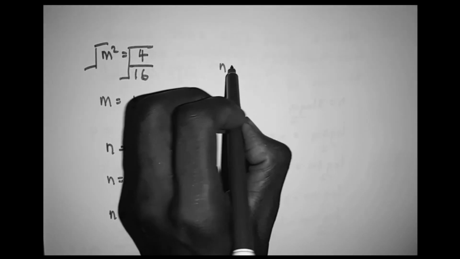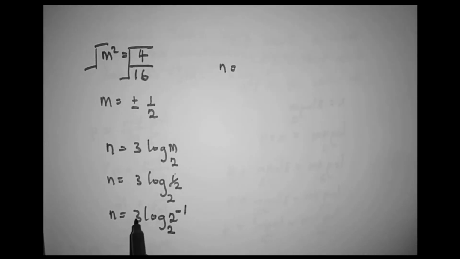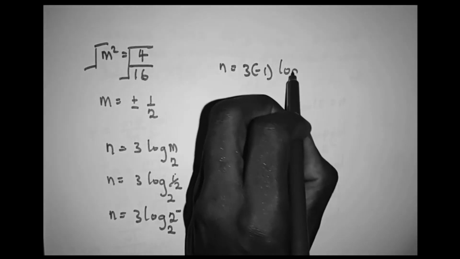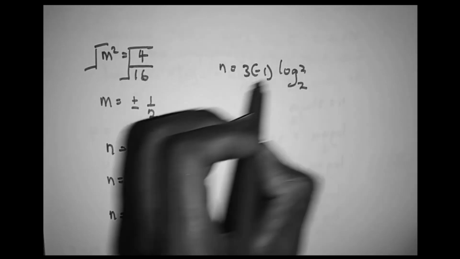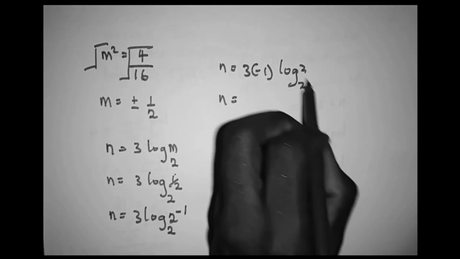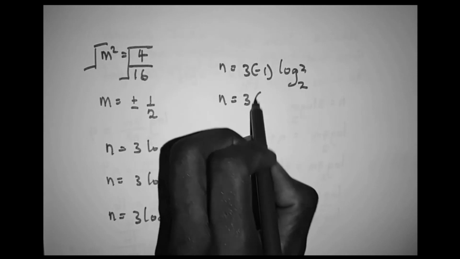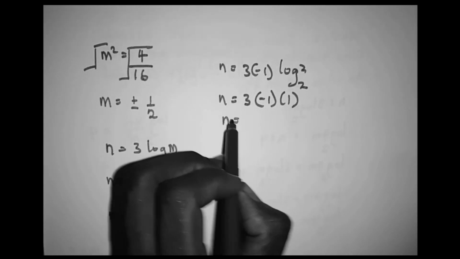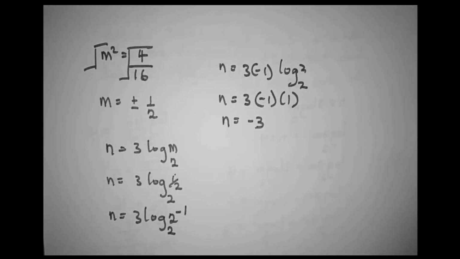And n is equal to 3 times log of 1 over 2, which is the same as 2 exponent minus 1, base 2. So let's bring minus 1 down. So it becomes 3 times minus 1 times log 2 base 2. log 2 base 2 is 1. So 3 times minus 1 times 1, and therefore n is equal to minus 3.